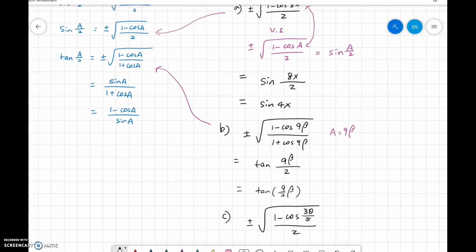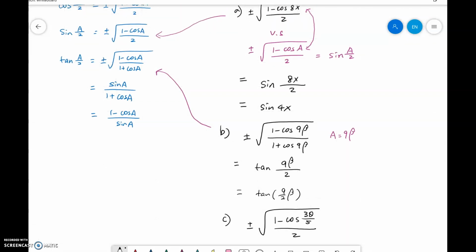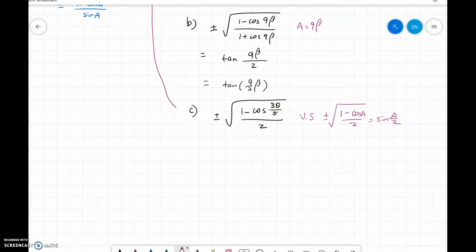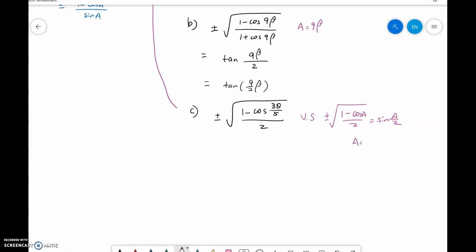Looking at the structure of the expression, it is very similar to sine of A over 2 again: 1 minus cosine of A over 2. With that said, A is going to be 3 theta over 5.